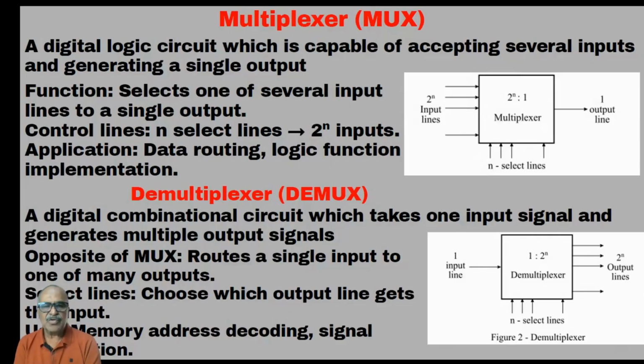It is the opposite of MUX: a single input, one of many outputs. The select line chooses which output line gets the input. N is important here. Where do we use it? Memory address decoding and signal distribution. So these are the points you have to remember.